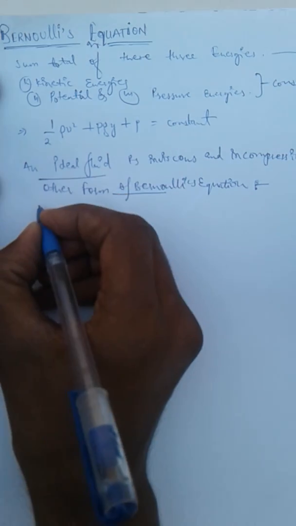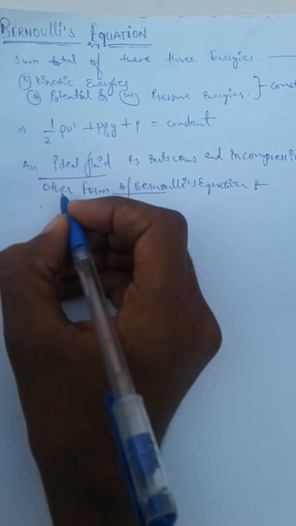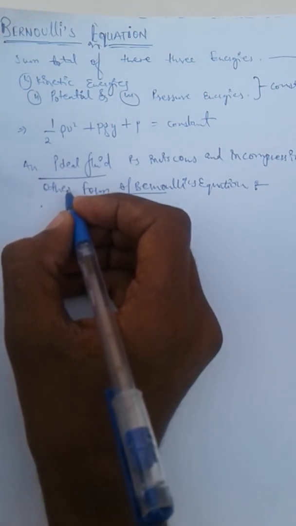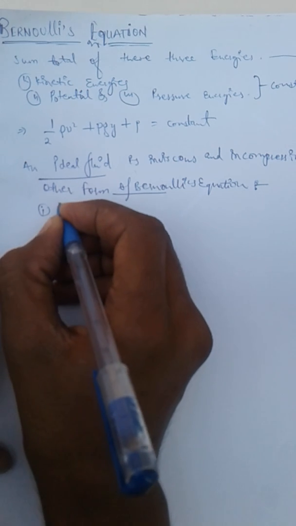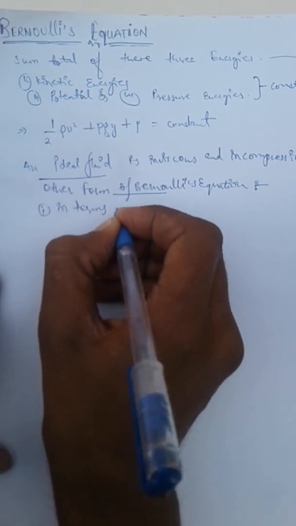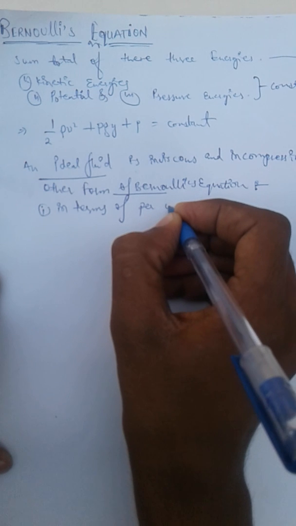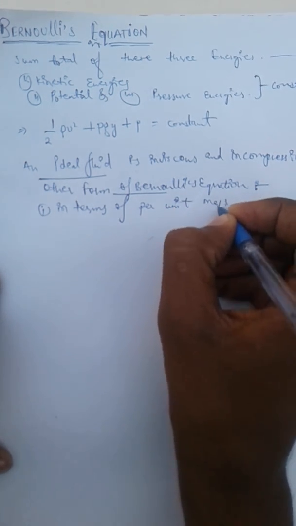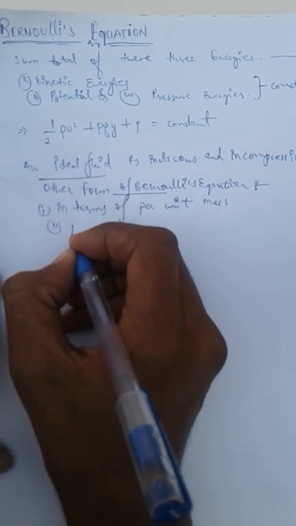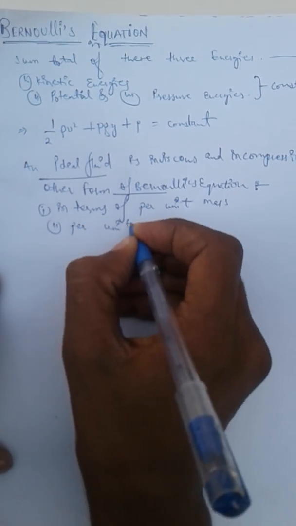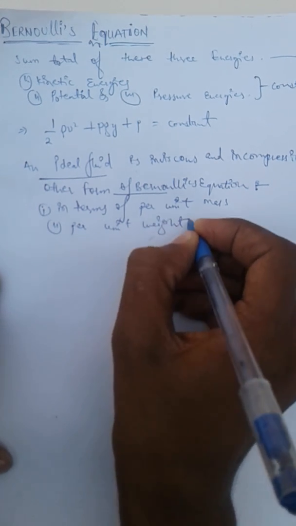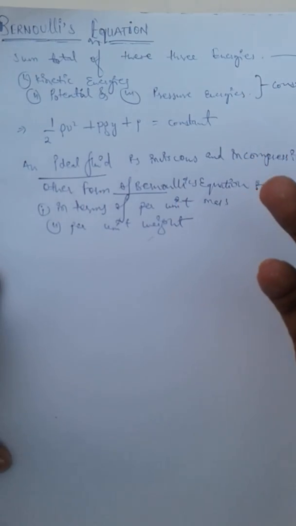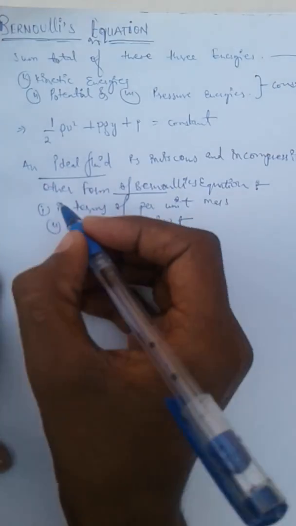If the kinetic energy, potential energy, and third one, pressure energy, are expressed in terms of per unit mass or per unit weight, these are the other forms of Bernoulli equation.